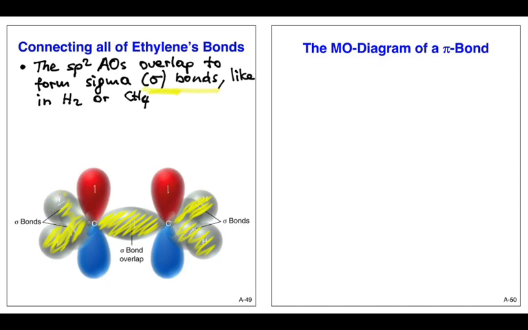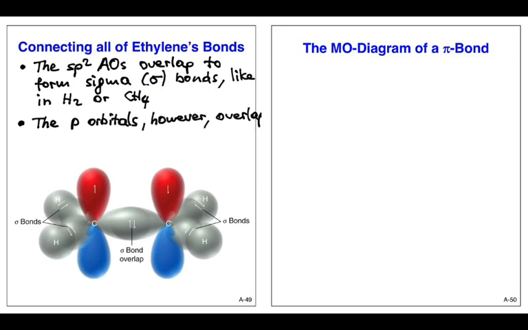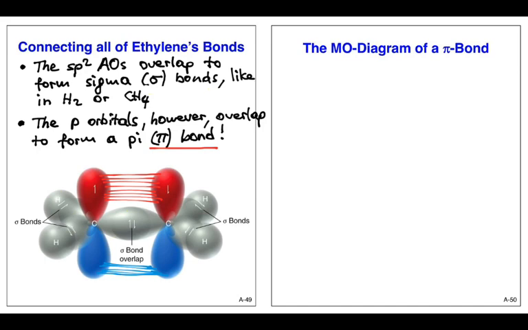Okay, so those are all the sigma bonds. Remember, head-on overlap. But then we also have pi bonds, which form through side-on overlap. It's the p orbitals overlapping. Here is the red part of the p orbitals overlapping and the blue part of the p orbitals overlapping. The whole thing is the pi bond, the red and the blue part together.